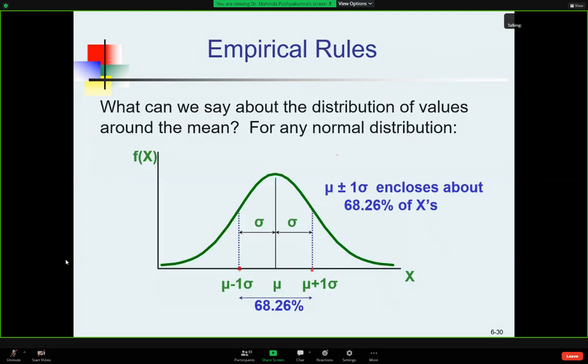Yes. Okay. Then we have a concept called the empirical rule. It is applicable for normal distribution.